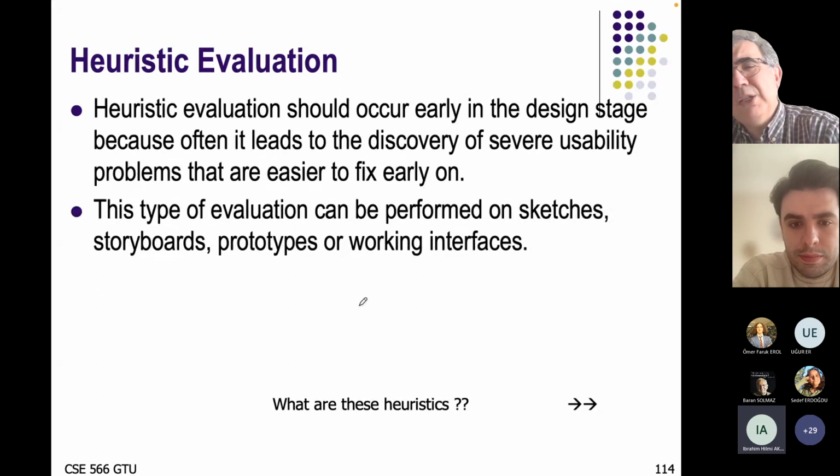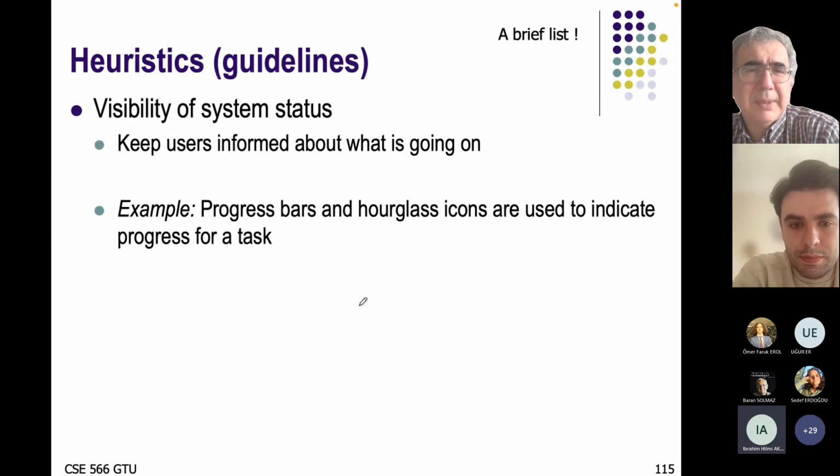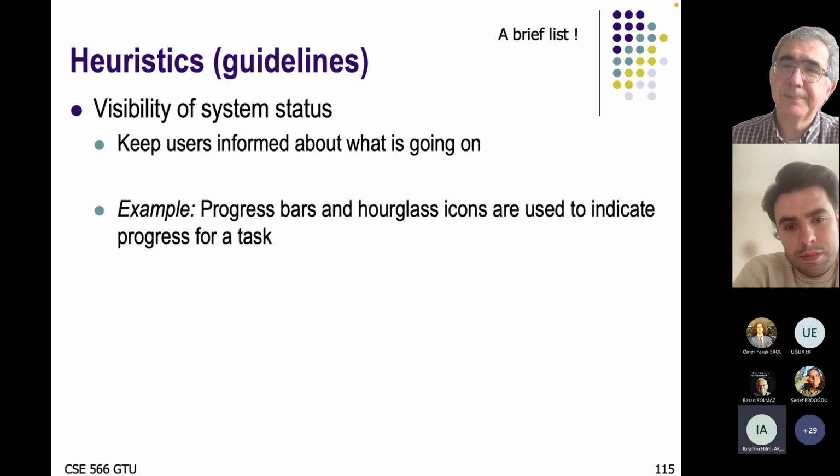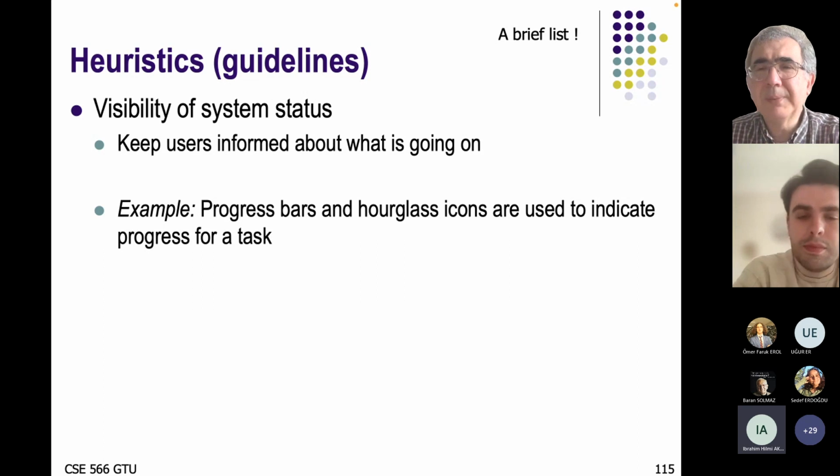So about the heuristic evaluation, let me go over what these heuristics are, such as visibility of the system status. We just learned it in the past weeks. The example is progress bars and hourglass icons used to indicate progress of a task.